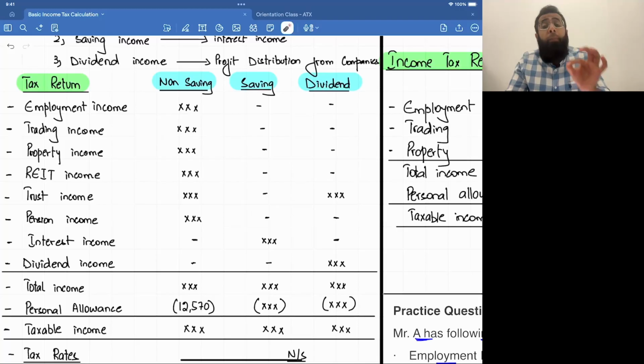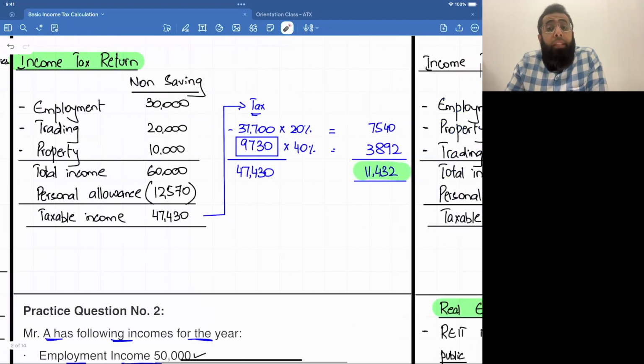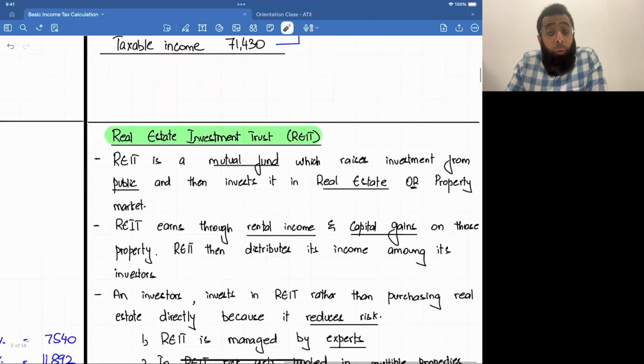The tax department is not taxing the real estate investment trust distribution as dividend. Rather, they are taxing it as non-savings income because they say that the real estate investment trust is earning from the property market. Its characteristic is of property income because it invests in the real estate, in the property market.